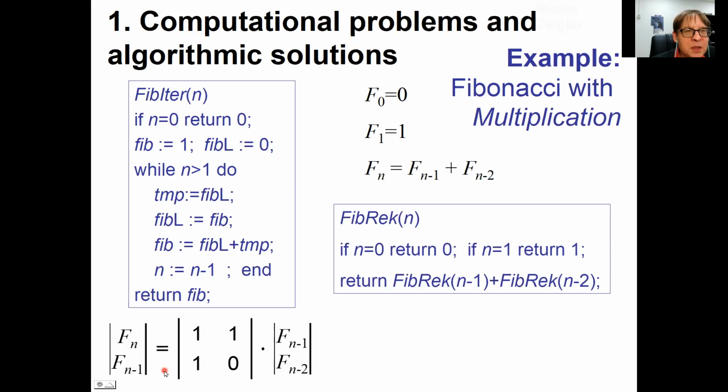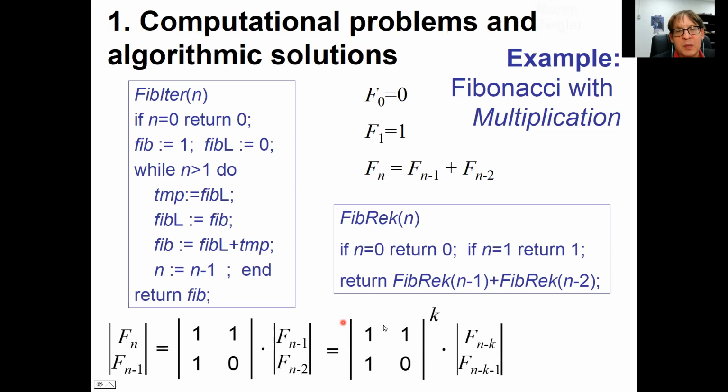Nothing seems to be gained here, but now recall that we can multiply 2 times 2 matrices repeatedly. So we can now apply the same equation again, unroll it, now with n replaced by n minus 1. And we do that again and again. We do that k times. And each time we unroll this, consider this as an inductive equation, we get another power, another factor of this matrix here, right?